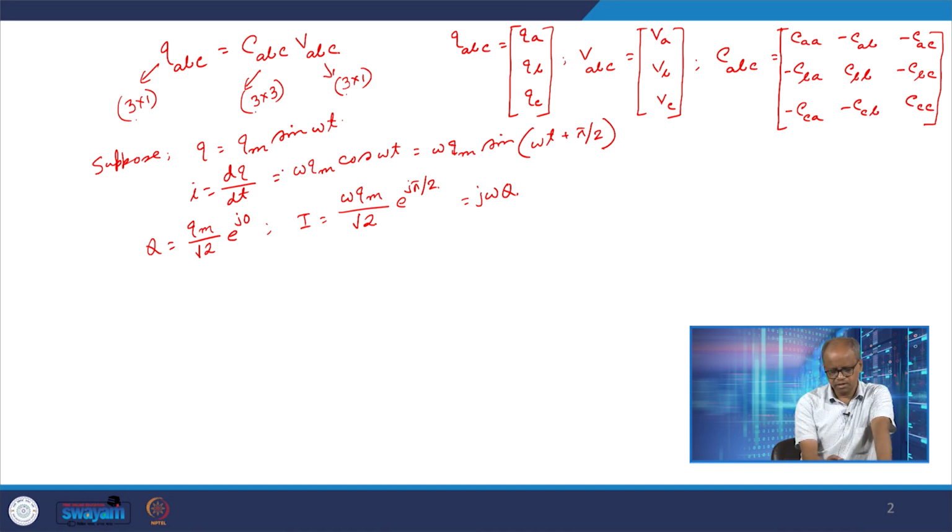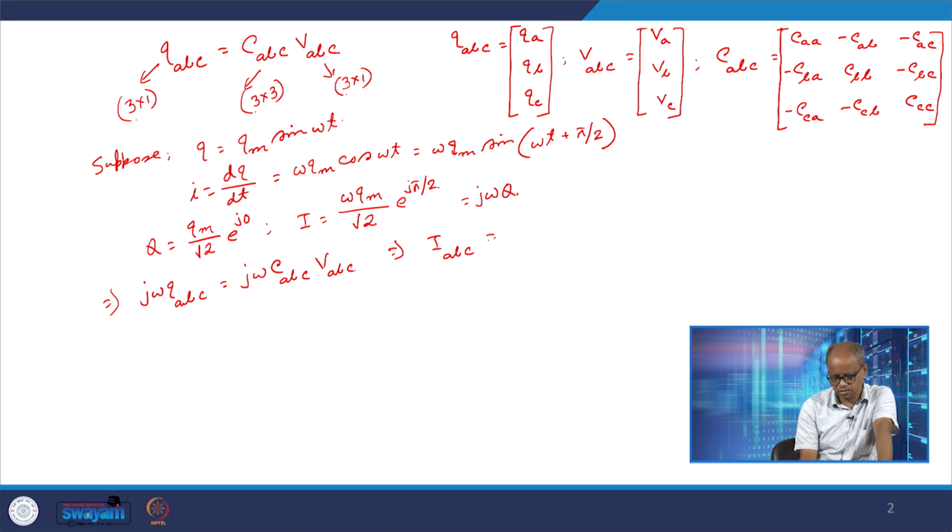If I apply this, then j omega q ABC is equal to j omega CABC into VABC. So this is nothing but IABC is equal to j omega CABC into VABC. Of course, these are all known relations. We have just derived it again for our own recollection.